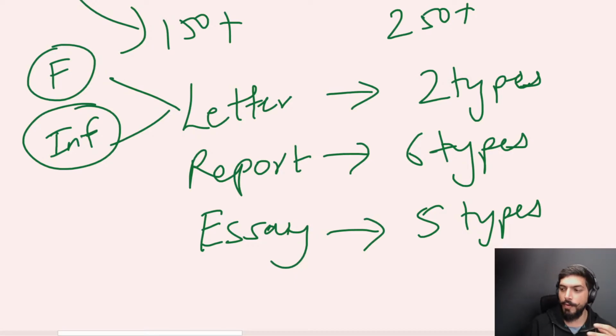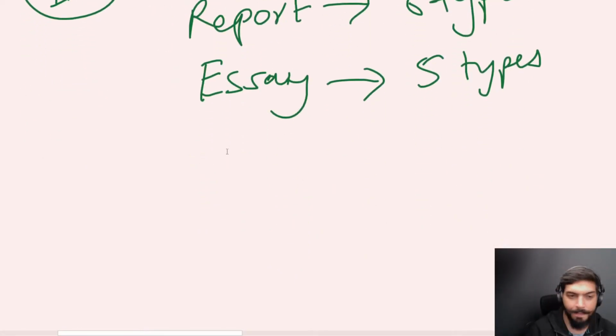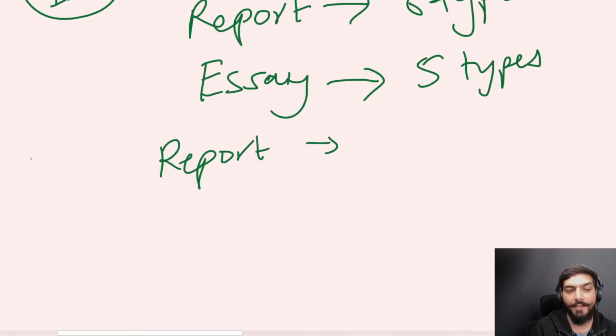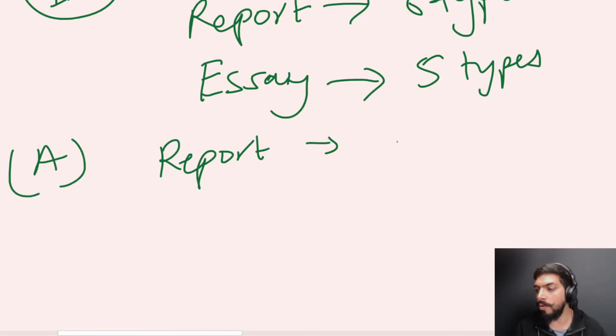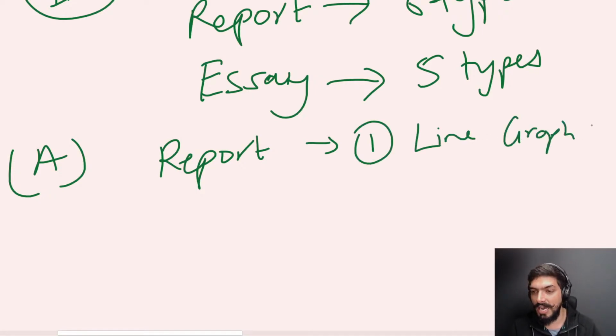All right. Moving to the report. Now we have 6 types of reports, and that is only for academic. Remember that. Reports are of how many types? 6 types. Let's go one by one. First one, we have a line graph or a graph. Second one is what we call a bar chart.